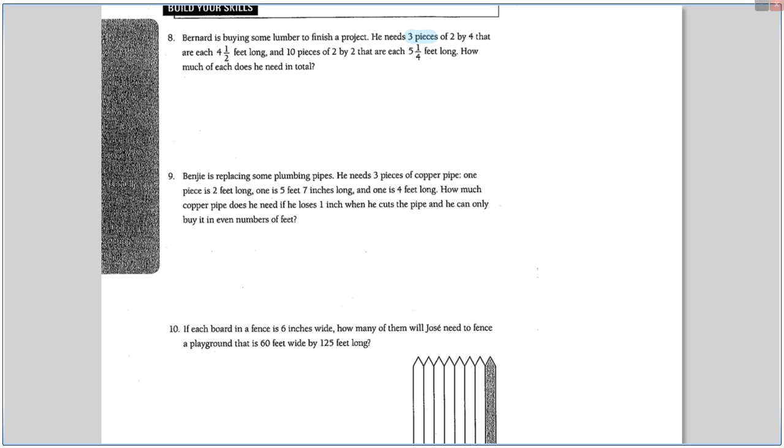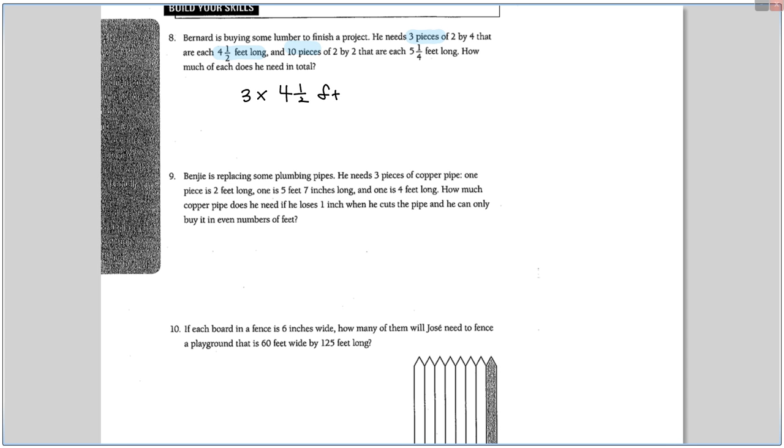So 3 pieces of 2x4. 2x4 is just a type of wood, so 3 pieces that are 4.5 feet long. 10 pieces of 2x2, so just a different type of lumber, that's 5.25 feet long. So adding 10 pieces that are each 5.25 feet long.